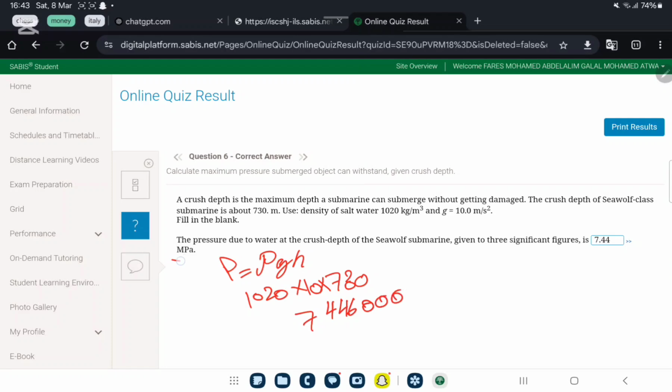They want the answer in megapascals, so you divide by 1 million, and you get 7.446. They want three significant figures, so 7.44, or you round it up, so 7.45. They accept both answers here, but if it's in the written exam, you should put 7.45 because you round it up. They accept both.